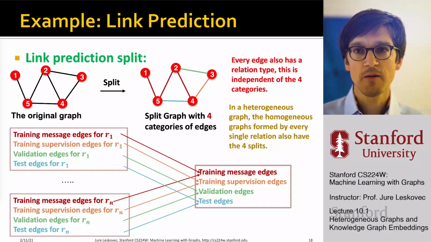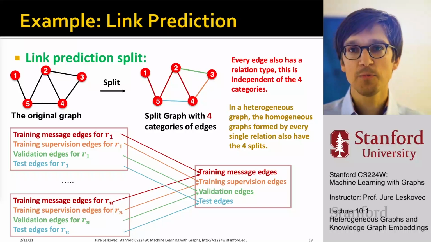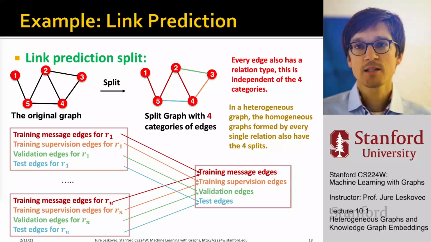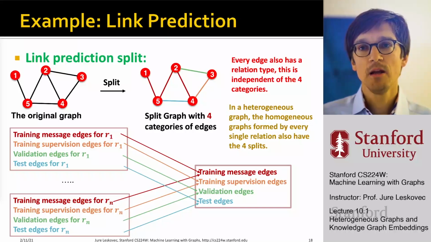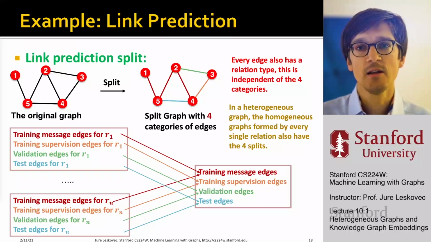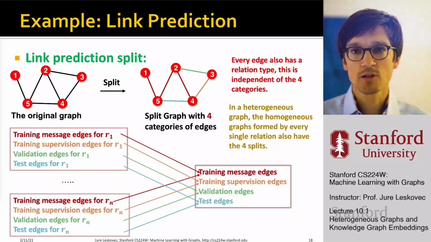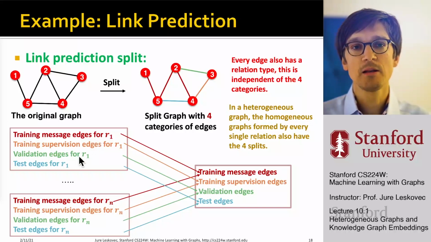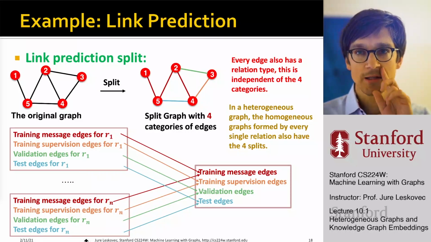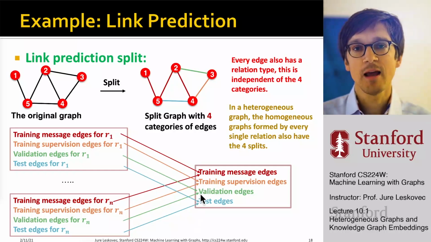Because if we just blindly split the edges, just by chance it can happen that a very rare edge type does not appear in your validation set, because it's too rare and by chance none of the edges landed there. So that's why we do what is called stratification, where we independently split edges of each relation type separately and then merge it all together.